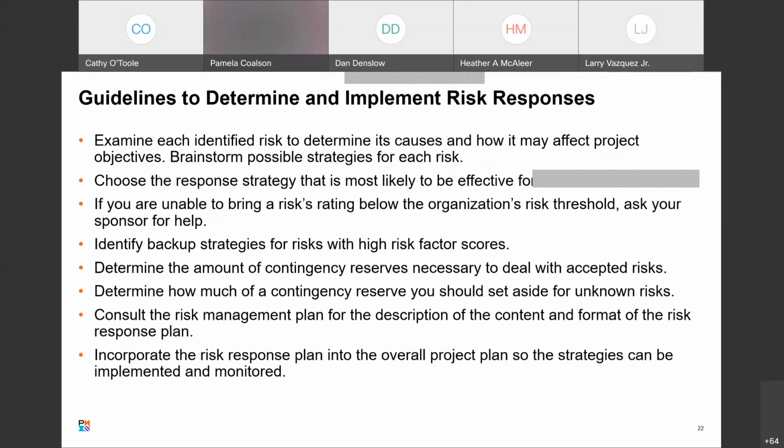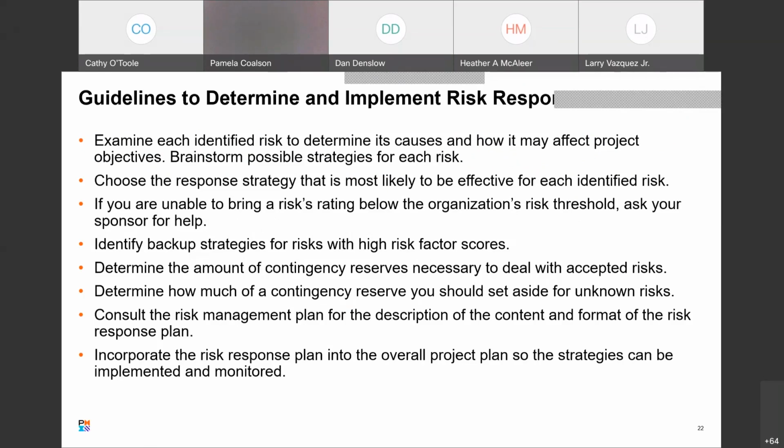Okay, so here are some other guidelines to determine and implement risk responses. Again, examine each identified risk to determine its causes and how it may affect the project objectives. Then spend some time brainstorming possible strategies for each risk, or you could look at some other similar projects for historical lessons learned to see what they did.